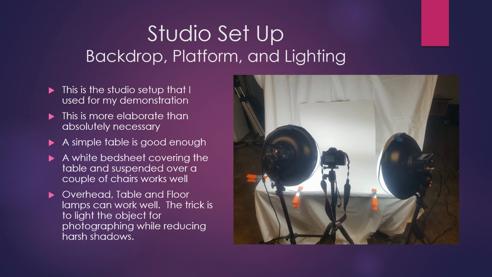They're LED lamps, and they have a covering over them which produces very soft lighting. But quite frankly, you can use just about any set of lights that you want, as long as you can keep the shadowing down to where you don't get harsh shadows. That's the key. Try to minimize harsh shadows.